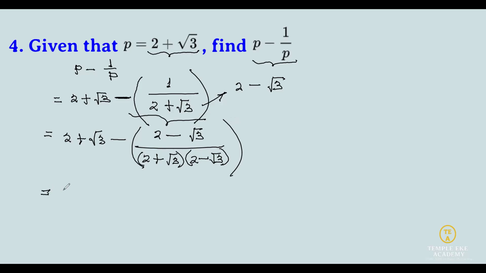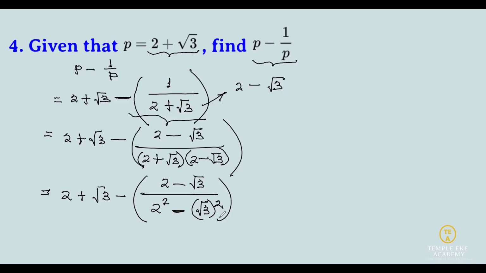This is going to give us 2 plus root 3 minus 2 minus root 3, divided by, let us go ahead, difference of 2 squares. Take the first one, which is 2 squared, minus, as it is a difference. Take the second one, root 3, and maintain its square. Beautiful. Let's go on. And this is going to give us, we already have 2 plus root 3.